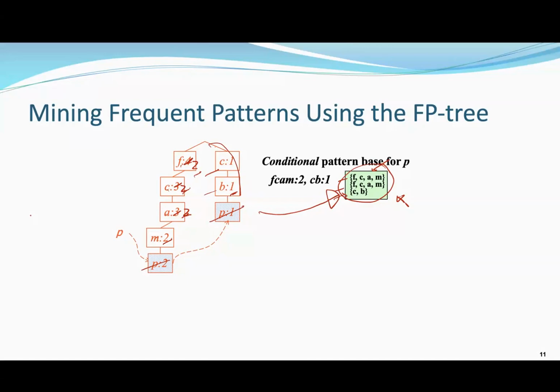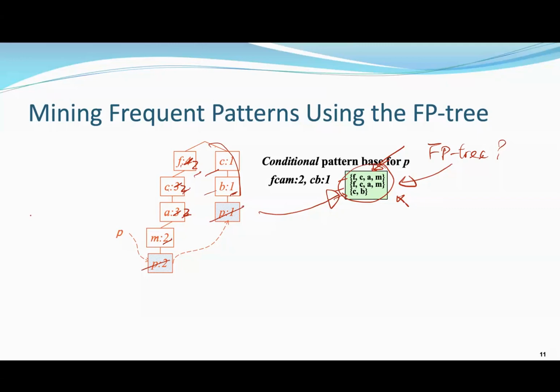So now the question is, if this were the database that we have, what would be the FP tree of this data set? So let us ignore the bigger original data set for a moment. If this were the data set that we have, and if we are asked to build an FP tree out of it, how would it look like? All right, so let's try to build this.